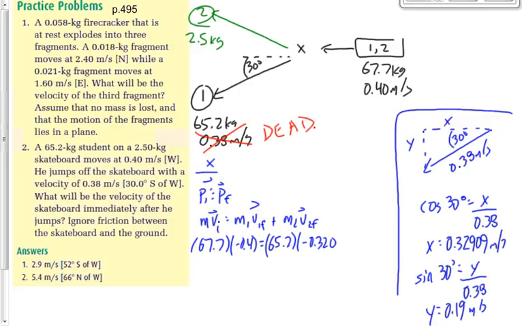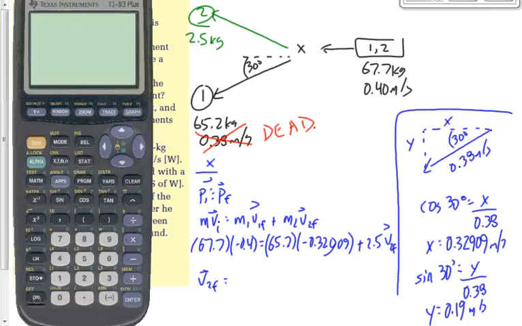We're going to make it a negative value because it's to the left. But yeah, 0.32909, right? I don't have to use the 0.38 because I've got the x component of the 0.38, plus 2.5 V2F. So we'll solve for V2F there. Let's see, 67.7 times negative 0.4.